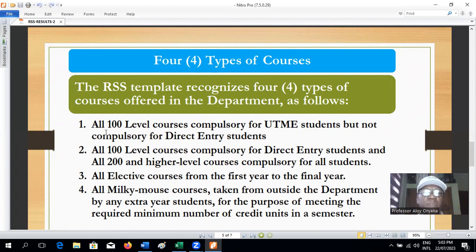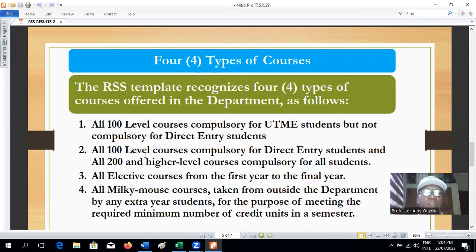The first type of course we register are all 100-level courses that are compulsory for UTME students, but not compulsory for direct entry students. So they should be entered together in a particular place.